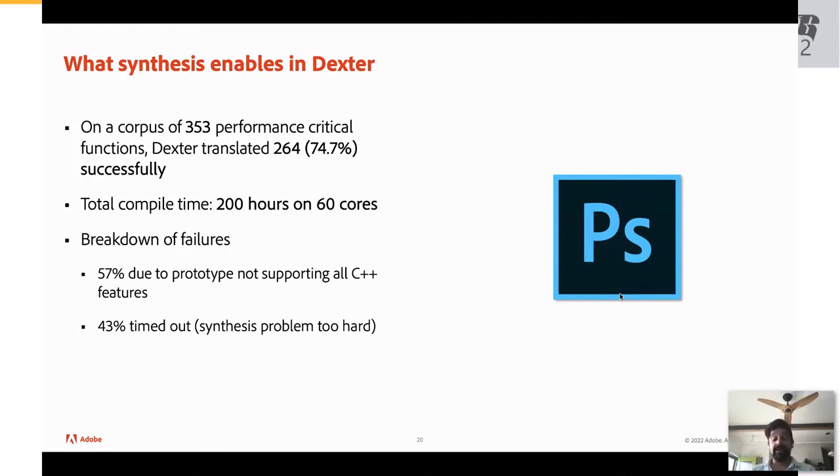And 43% timed out because the synthesis problem was too hard. I'm going to talk a bit more about that in a couple slides, but that's fundamentally the difficulty of applying program synthesis: most of the work in building Dexter was figuring out how to scale program synthesis up to handle real world image processing code.